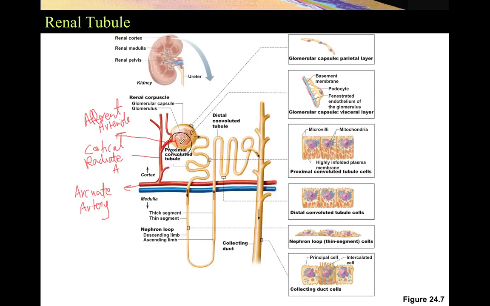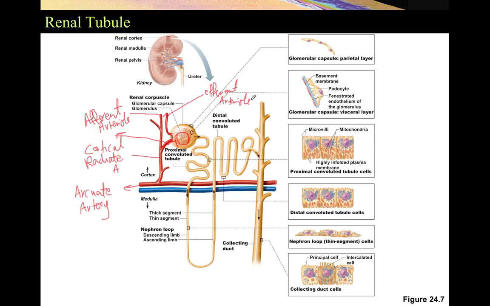Now, the afferent arteriole actually becomes the tufted up capillary network you see at the center, which we refer to as the glomerulus. And then the glomerulus eventually comes out of the nephron as the branch you see right here going out. This branch is referred to as the efferent arteriole. Remember, we learned about the afferent and efferent when we talked about the lymph node.